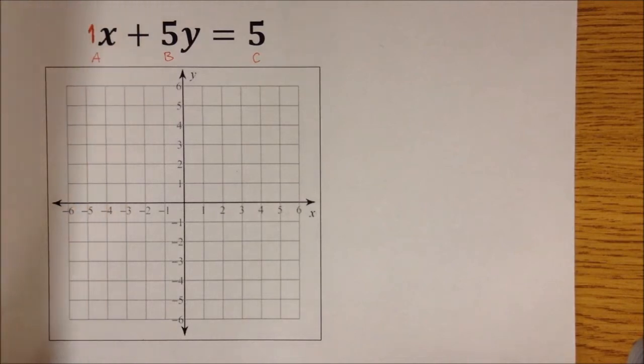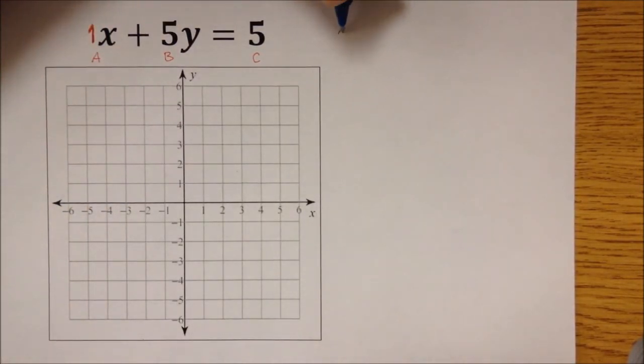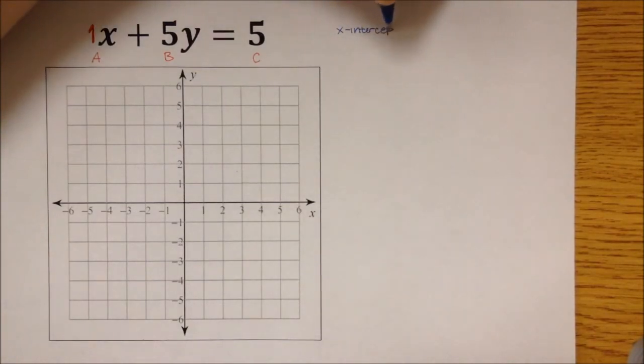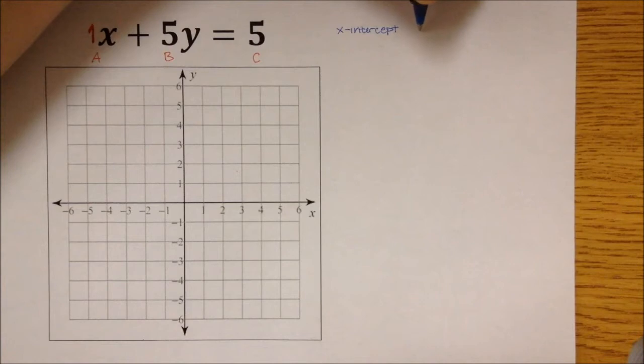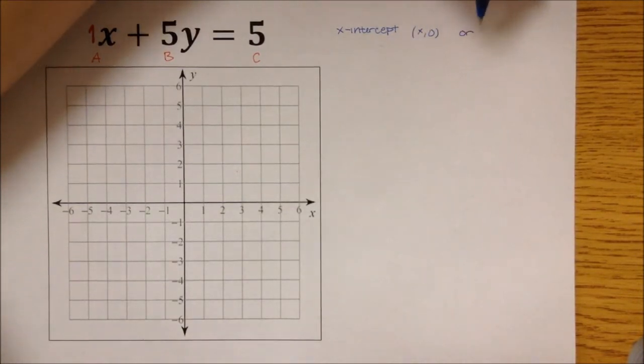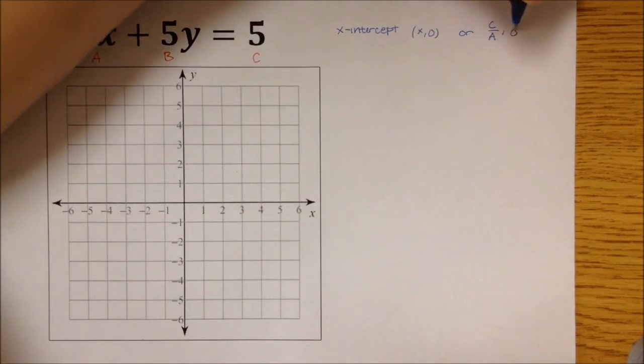So, when we're graphing, first thing is finding the x-intercept. And again, it's always a corner point, so x comma 0 or capital C divided by capital A comma 0.